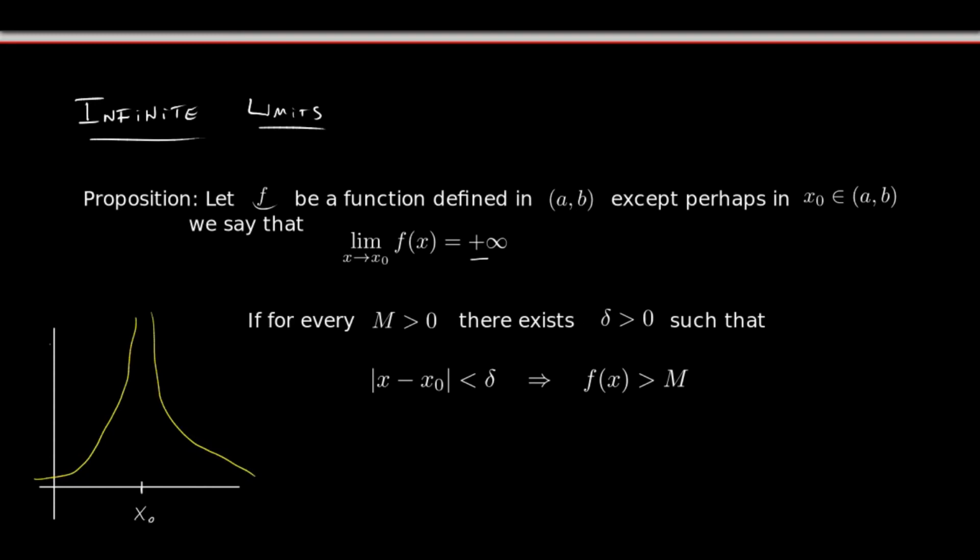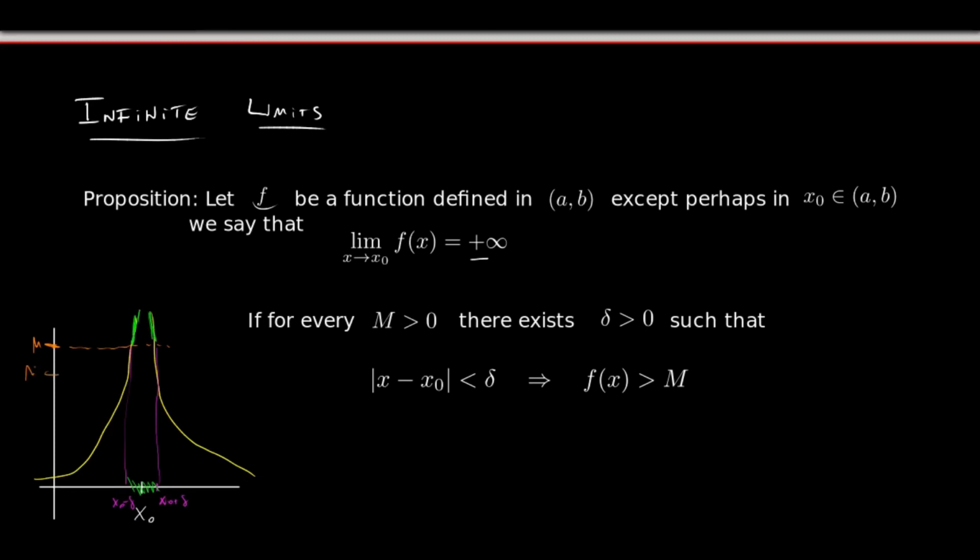And so when I take a number m, let's say this one, I can always find a delta, which would be this number. This interval would be x0 minus delta to x0 plus delta, such that when our function takes values between these numbers, then it is greater than m.